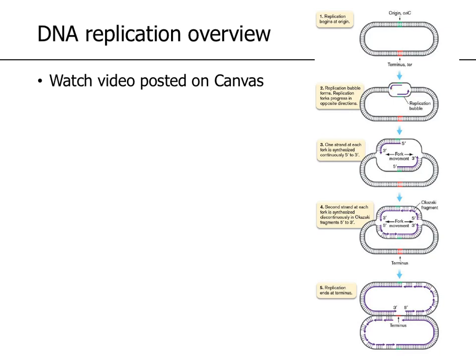And this shows as the fork moves along how the process goes. And you see in the lagging strand all the different fragments here. And then again at the end, it terminates. So like I said, watch the video. I will double check and make sure that I actually posted that. But any questions about replication?